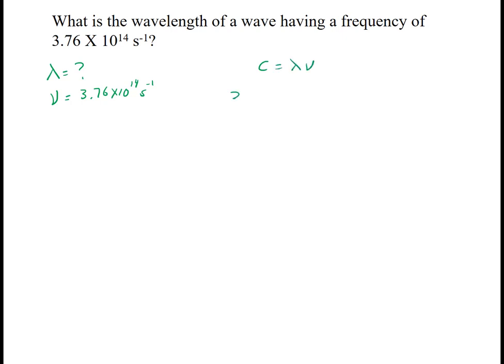Like I said, I use 3.0 times 10 to the 8th. Lambda is what I'm looking for, and my nu is 3.76 times 10 to the 14th. I'm going to divide both sides by this 3.76, so 3.0 times 10 to the 8th divided by 3.76 times 10 to the 14th is equal to lambda.